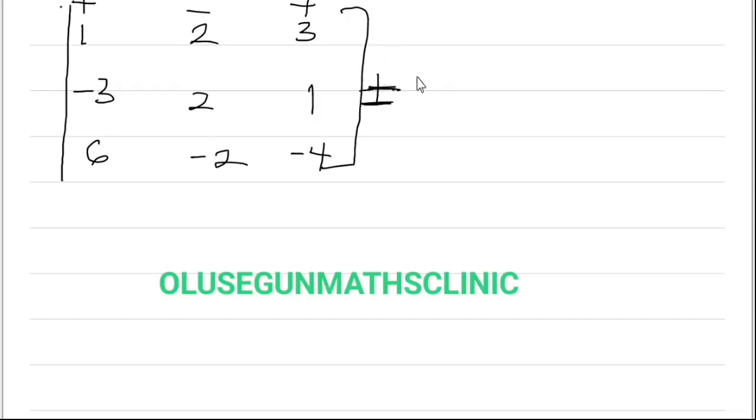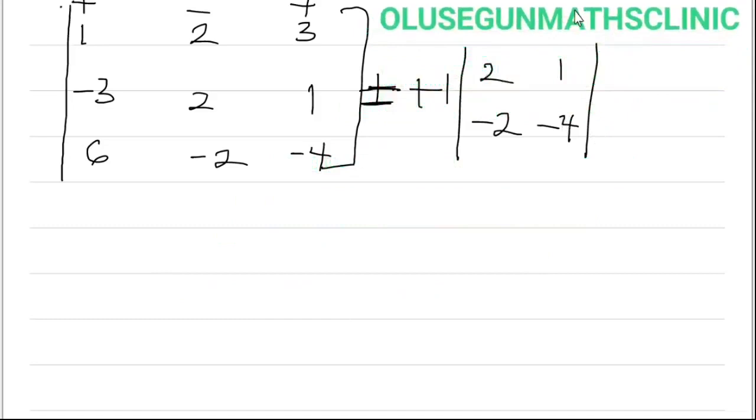For the plus 1, you deduce a matrix out again, 2 by 2, minus 4. That is the way we do it. So we have minus 2, bracket open, minus 3, 1, 6, minus 4.